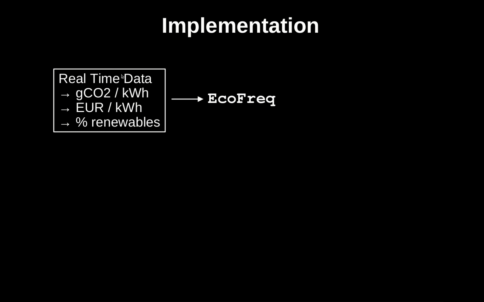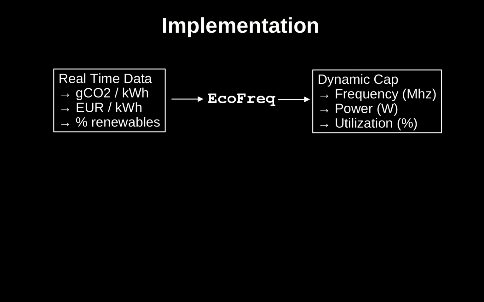It uses some APIs to obtain real-time data about the grams of CO2 produced per kilowatt hour, or analogously, the cost per kilowatt hour, or the fraction that renewable energy is contributing to the overall energy mix. And this is just used by EcoFreq in real time. And what EcoFreq then does is that it dynamically caps or reduces the clock frequency of our hardware, or the power consumption of our hardware, or the utilization fraction of our hardware.